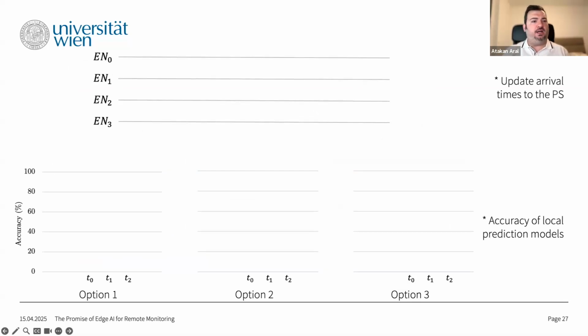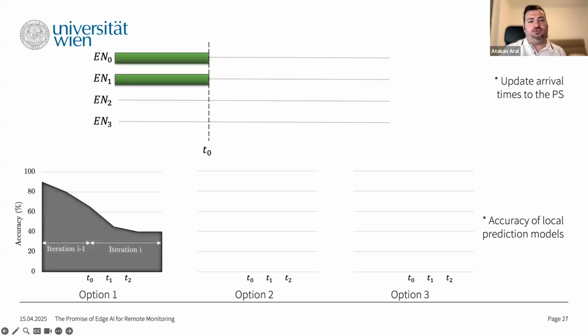So I would like to give an example of a challenge that we identified in this problem that we named the staleness control problem. This is about the staleness of the models deployed at the edge nodes. Below, you see some charts showing the accuracy of the local prediction models. And at the top, you see a timeline showing the arrivals of local updates from edge nodes to the parameter server.